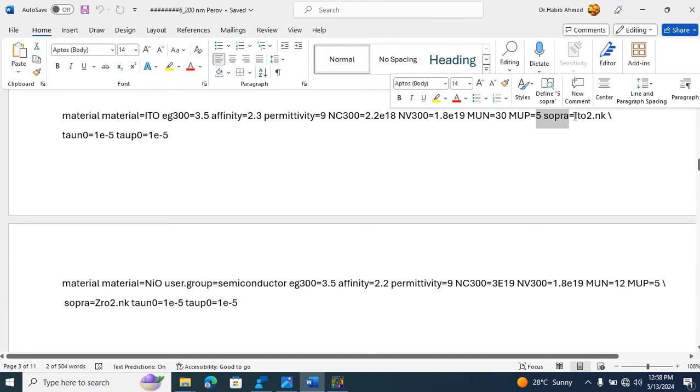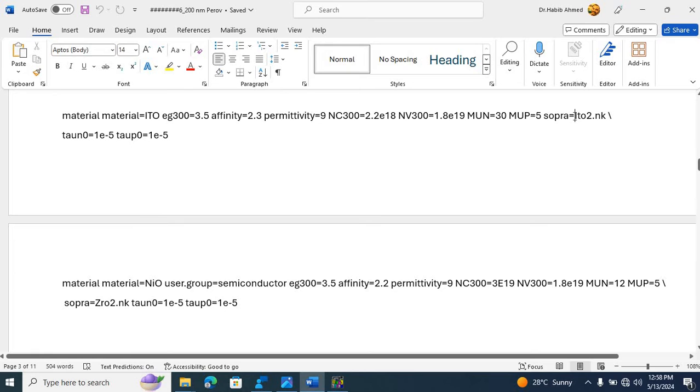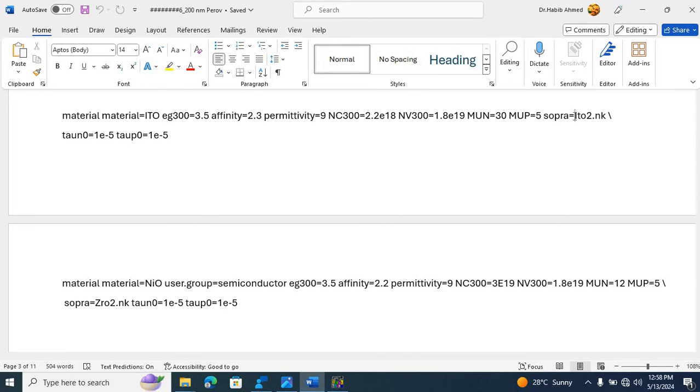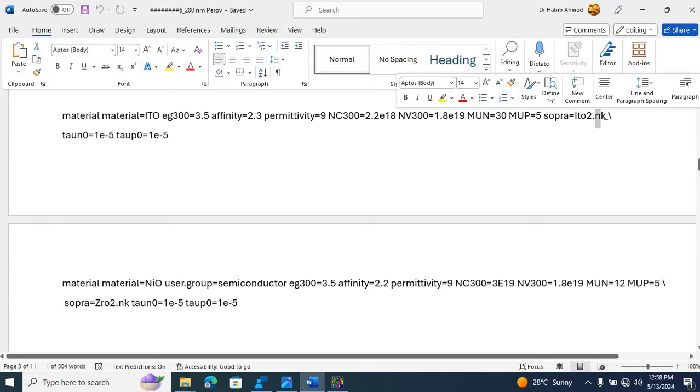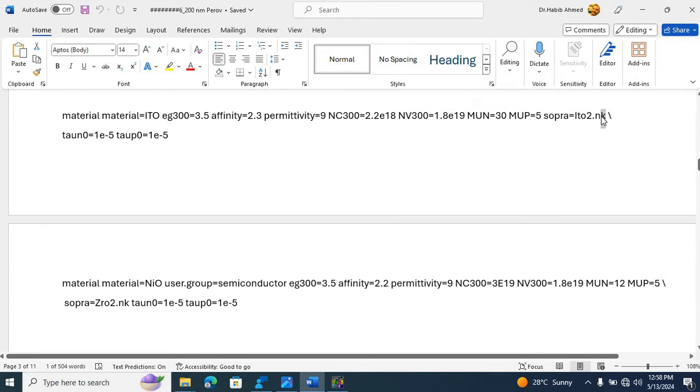SOPRA files are built-in files inside Silvaco TCAD, which have the optical properties of materials. For example, ITO2.nk has the optical properties of indium tin oxide. So n over here represents the refractive index and k represents the absorption coefficient.